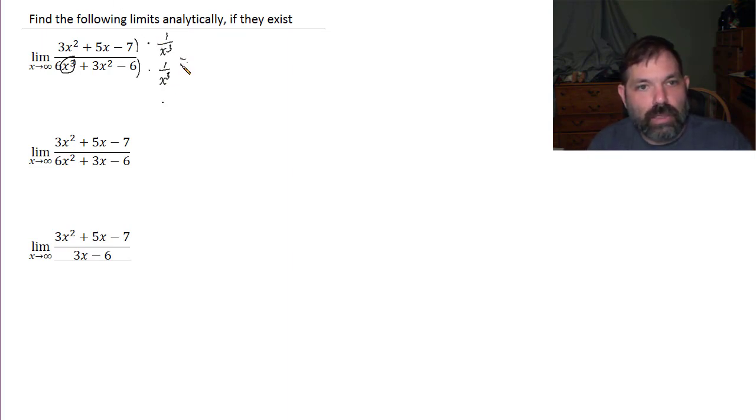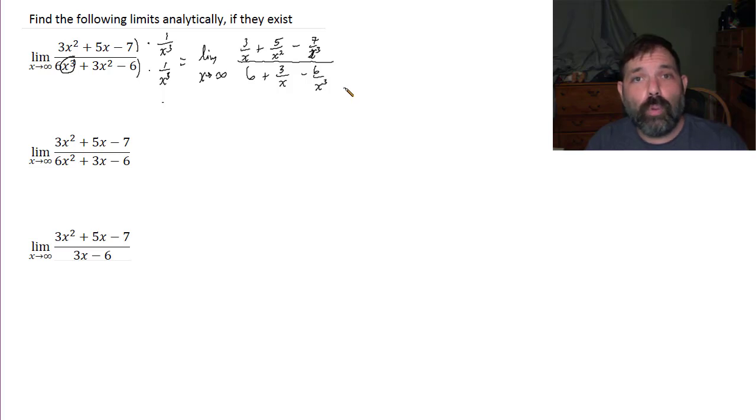And so then this becomes the limit with x approaching infinity. Applying the distributive property, this gives me 3 over x plus 5 over x squared minus 7 over x cubed. In the denominator, I have 6 plus 3 over x minus 6 over x cubed.